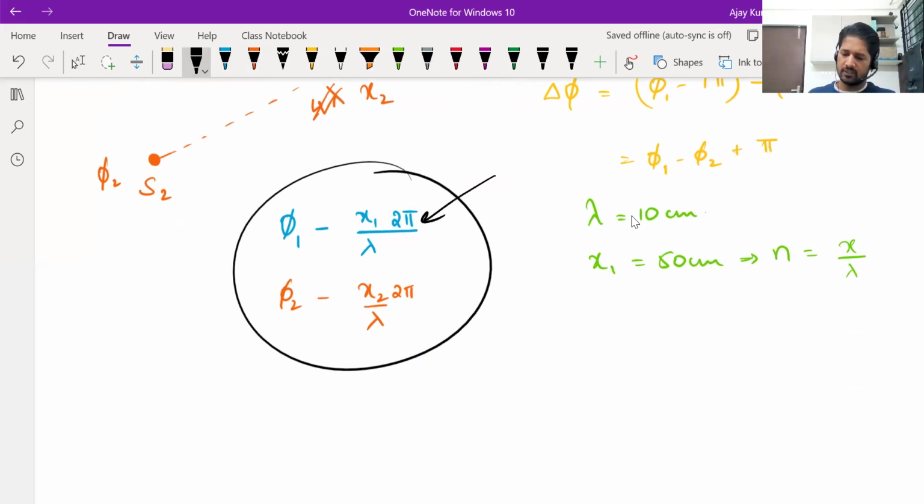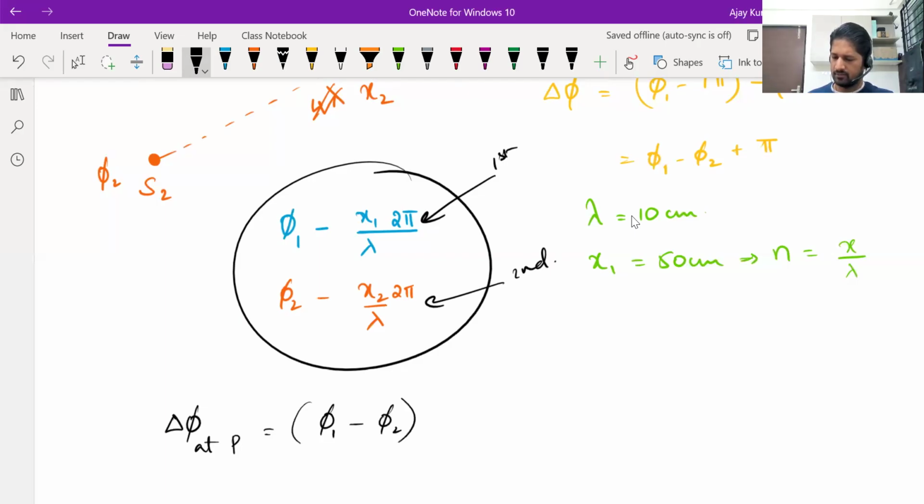This is the phase of the first wave. This is the phase of the second wave. Then the phase difference at point P will be, you need to subtract these two, phi 1 minus phi 2 minus of x1 by lambda into 2 pi minus x2 by lambda into 2 pi. Anyway, don't think of these as formulas.